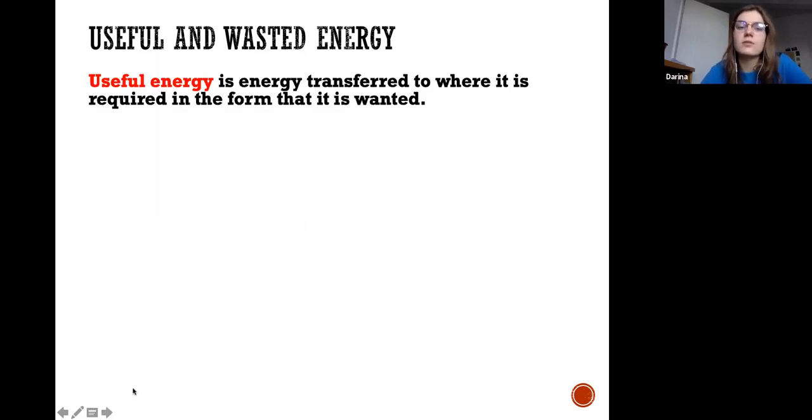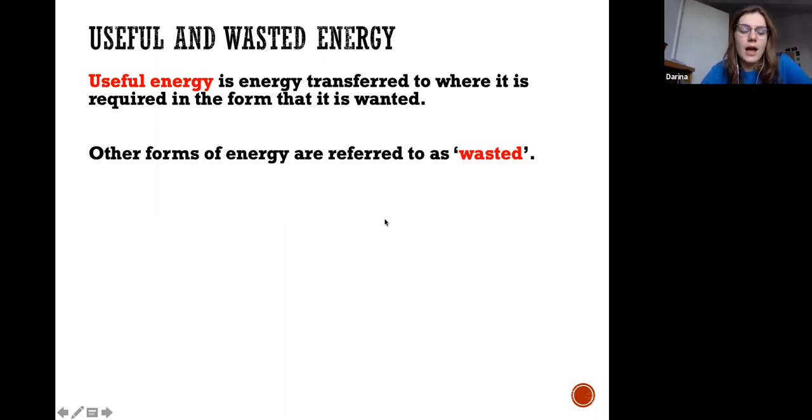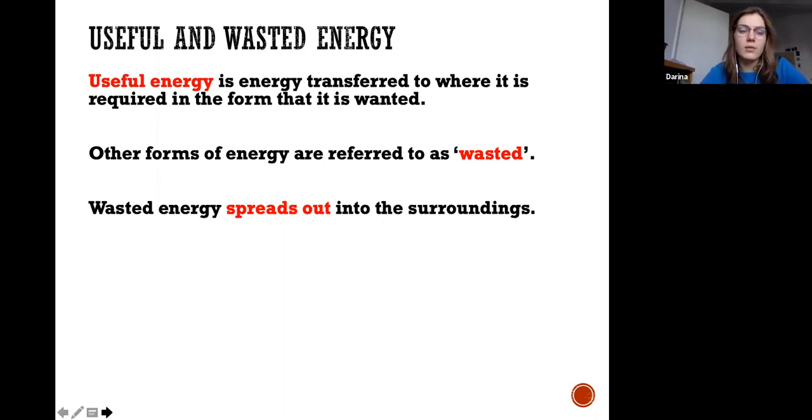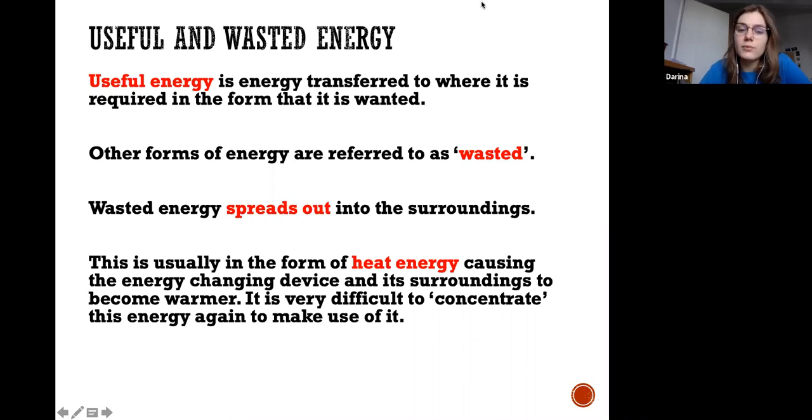So useful energy is transferred where it is required in the form that is wanted, but other forms of energy that you might produce as a byproduct are referred to as wasted energy. Usually it's heat, and it usually spreads out into the surroundings, caused by the energy changing device.